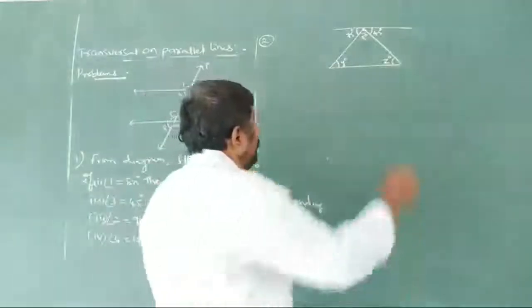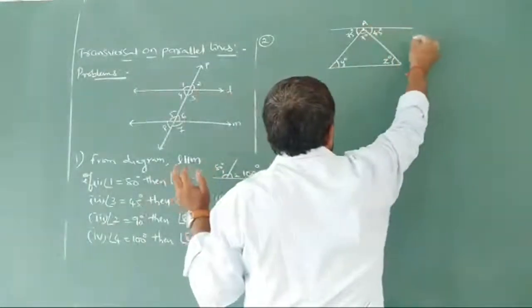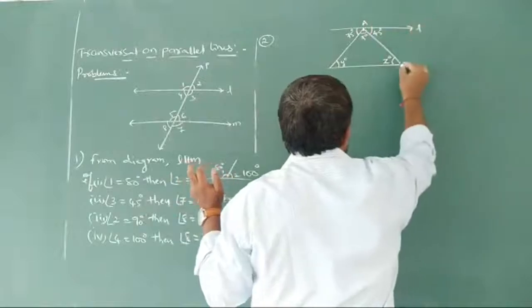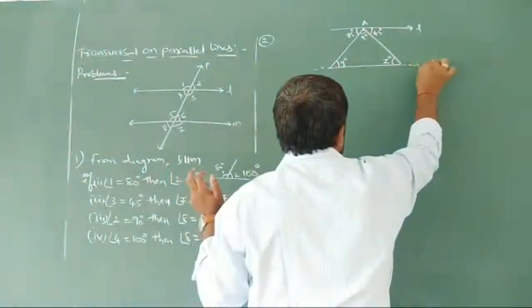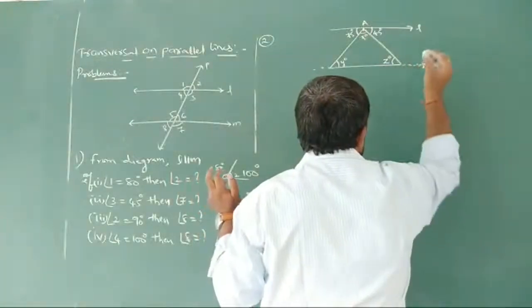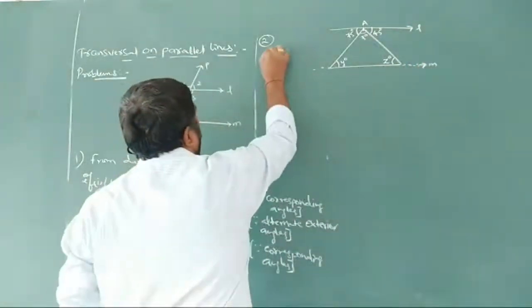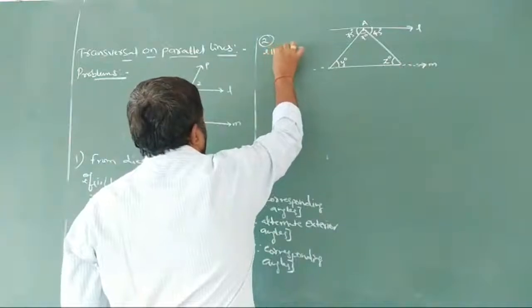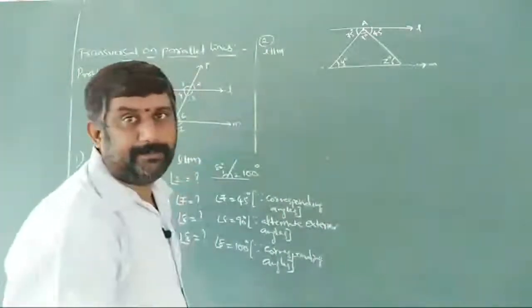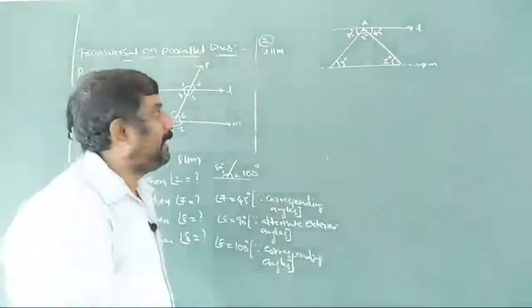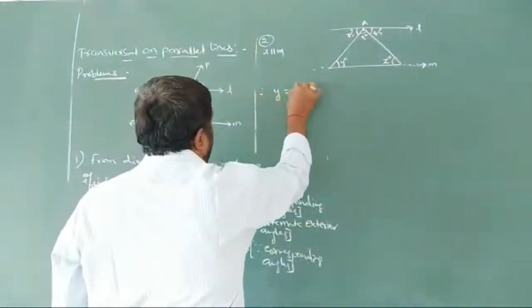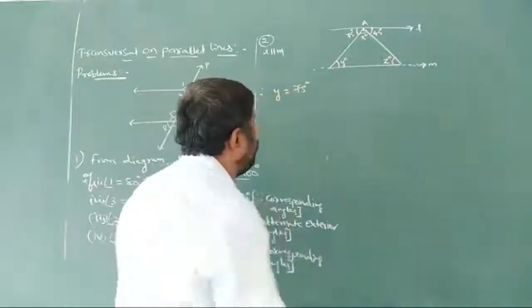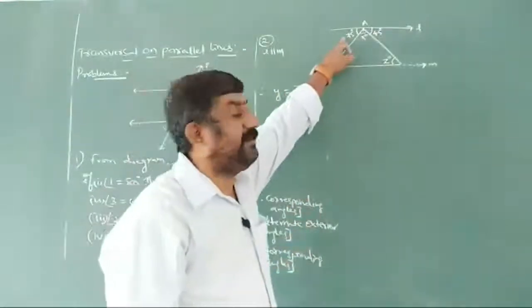And assuming this as some line L, I am extending this line to M. L will be parallel to M. Therefore, Y can be given as 75 degrees.